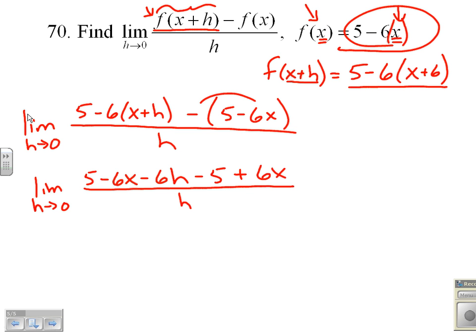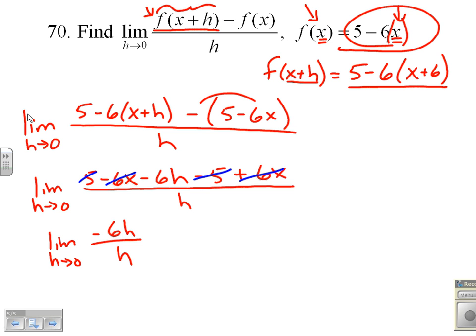And what good happens in the numerator? I've got a 5 minus a 5. I've got a minus 6x plus a 6x. So I'm now trying to find the limit as h approaches 0 of negative 6h on h. And I notice, well, I can't put 0 in there.